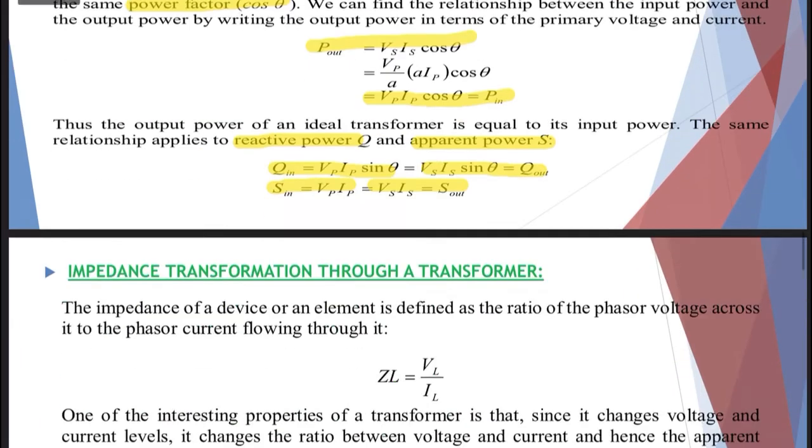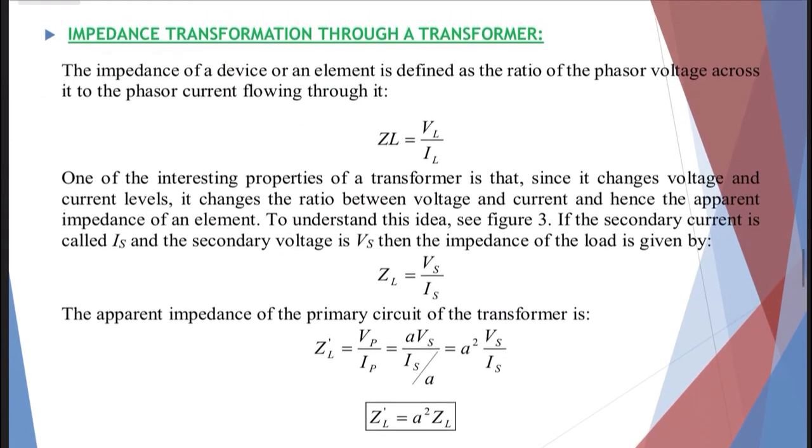Moving to the next slides: impedance transformation through a transformer. The impedance of a device or an element is defined as the ratio of the phasor voltage across it to the phasor current flowing through it.